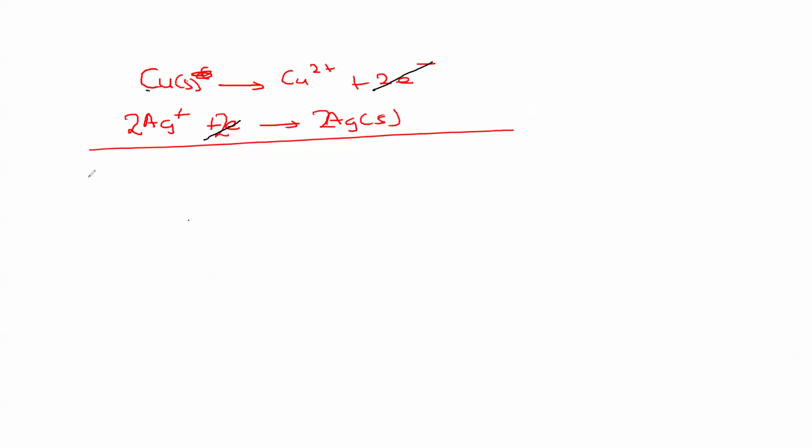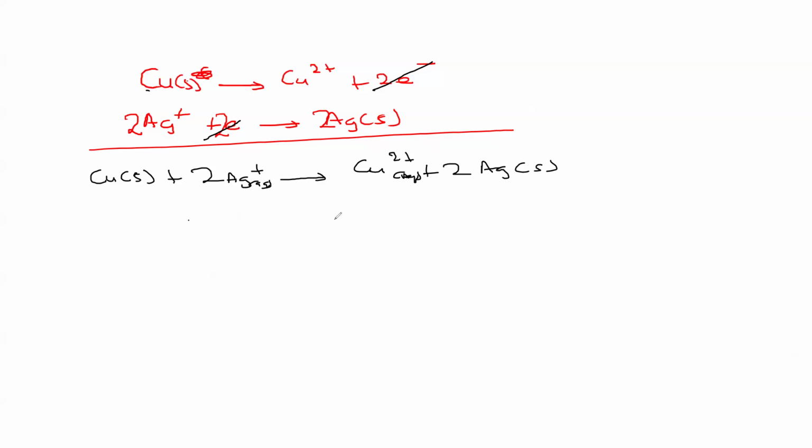Then you write whatever is remaining: Cu(s) plus 2Ag+(aq) gives Cu2+(aq) plus 2Ag(s).